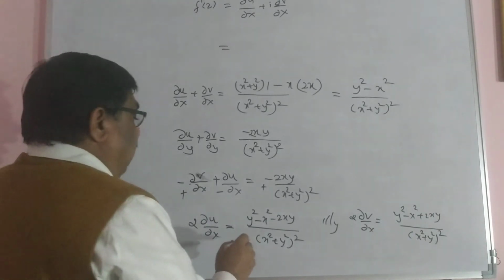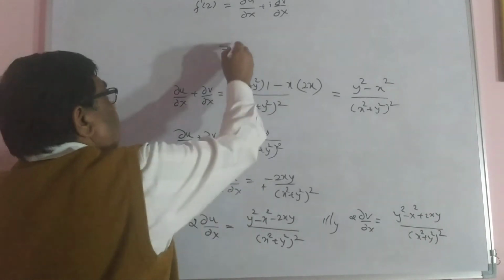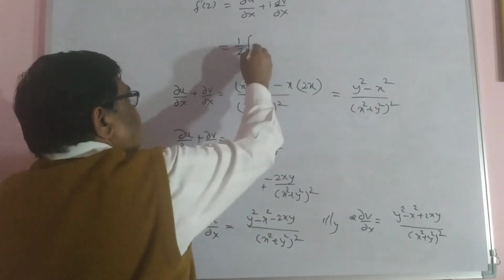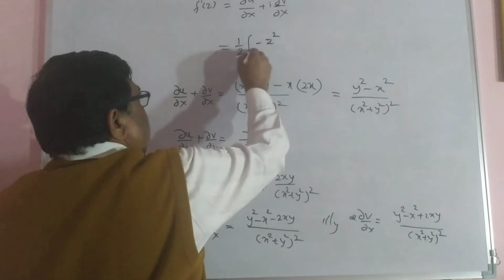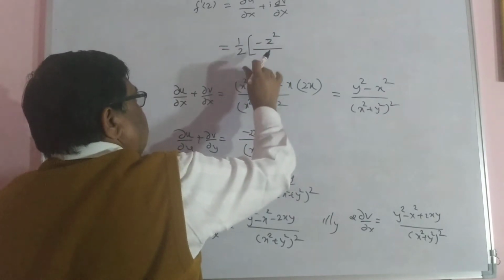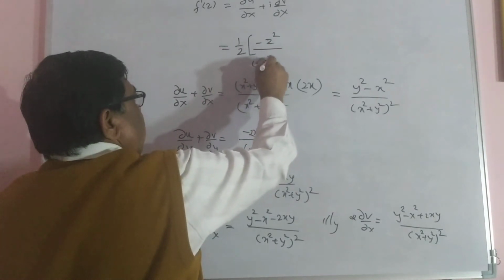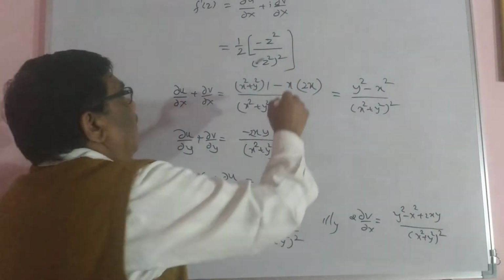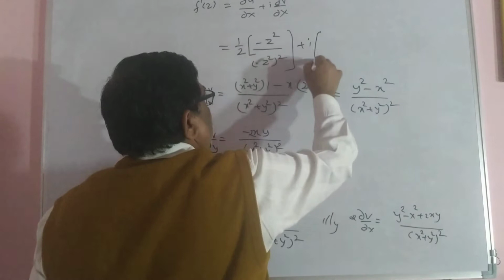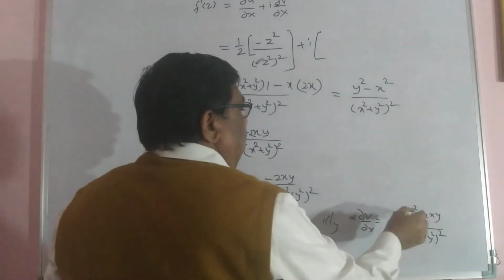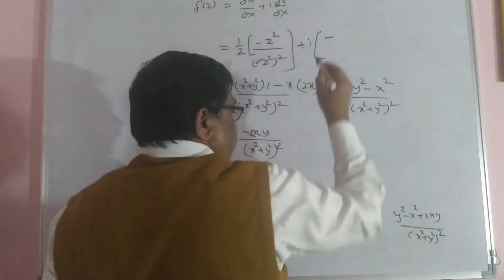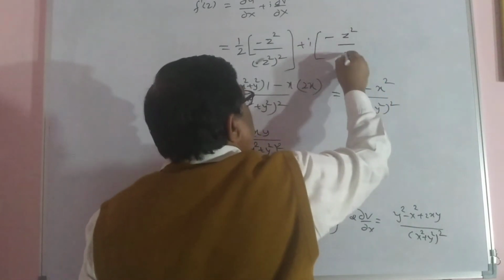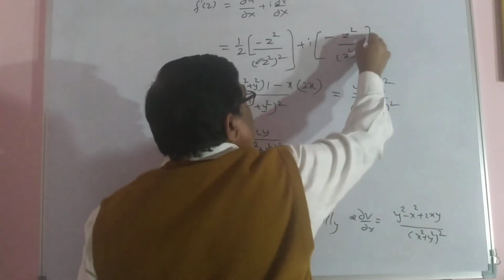So here it is 1 by 2, y is 0, minus z² divided by (z²)², because y is 0, plus i into bracket, again minus z² divided by (z²)².